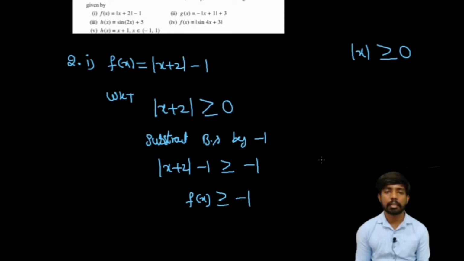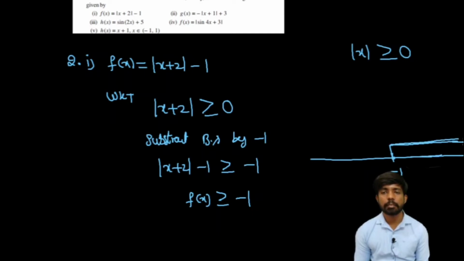Therefore f of x is greater than or equal to minus 1, so the entire interval moves up to infinity. So we can say the minimum value is minus 1, right?